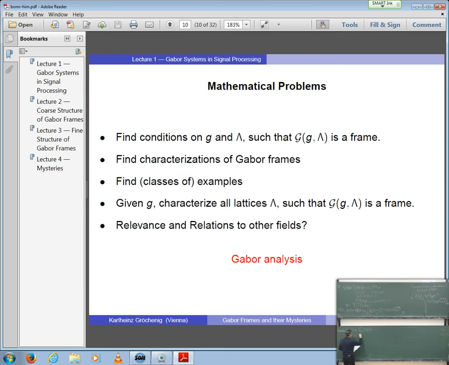This here, and then V, f, h, gamma, zeta bar. Currently that's only a formula, but if you set h equal f and gamma equal g, then you have the Fourier transform of the spectrogram as we need it.